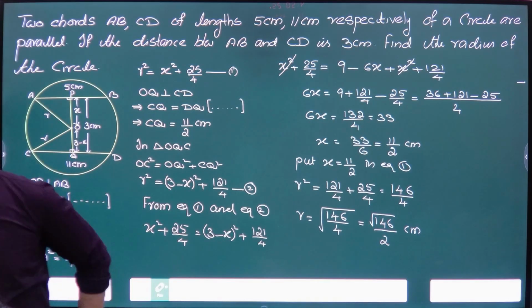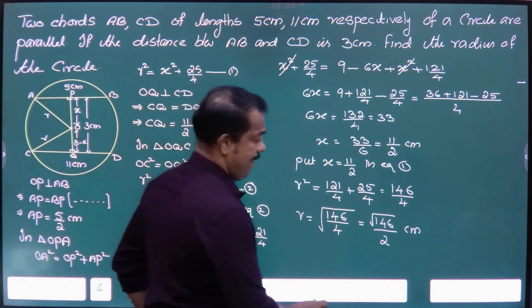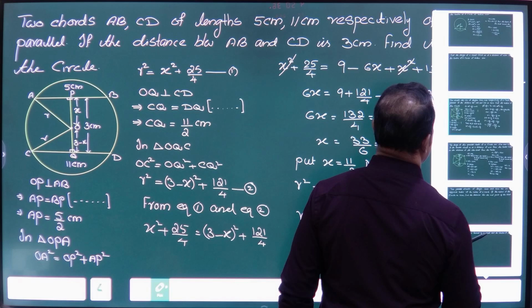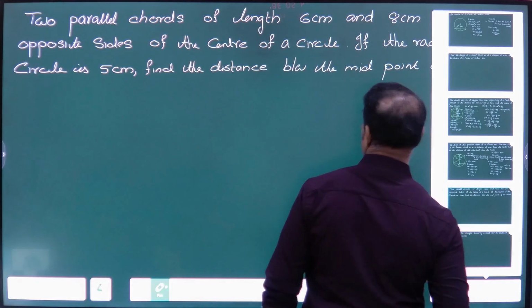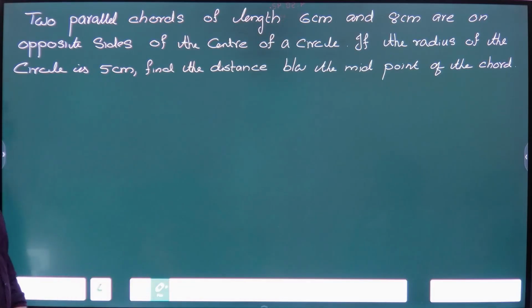Next. Again, same type. Two parallel chords of length 6 centimeter and 8 centimeter are on the opposite side of the center of a circle.